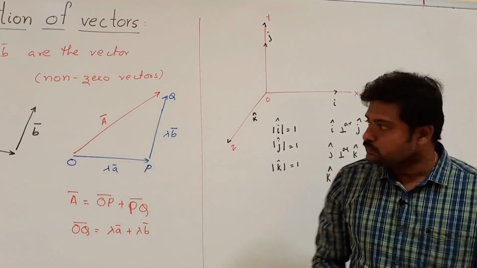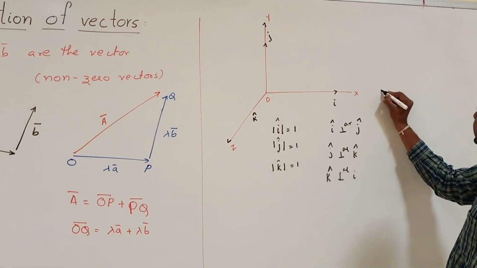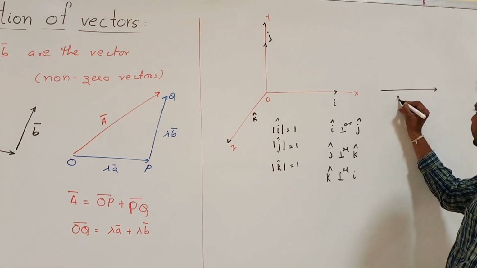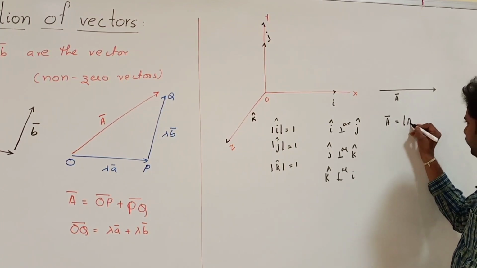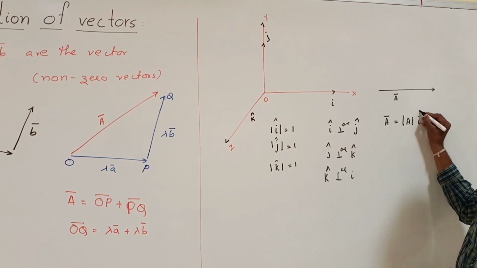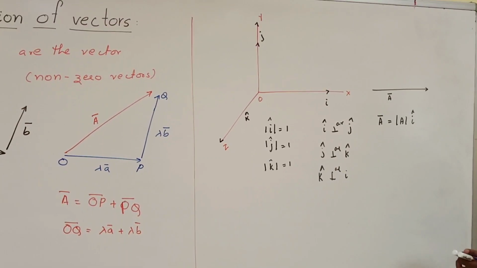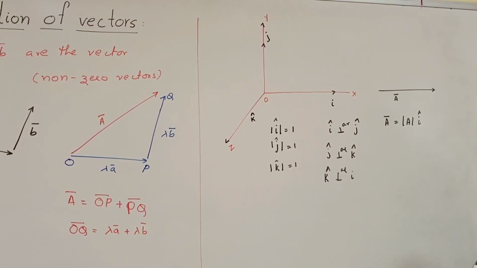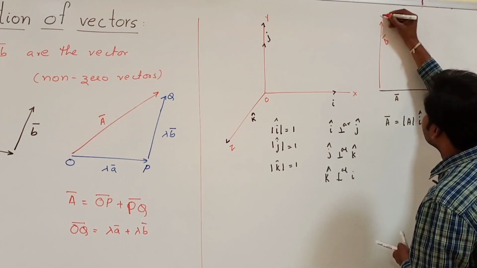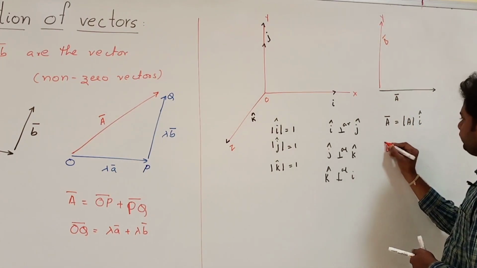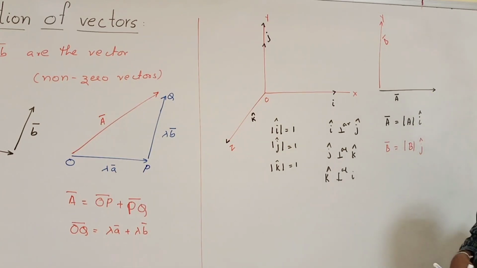Now, suppose a vector A is in the x direction. I write vector A as the magnitude of A pointing in the i vector direction, meaning the x direction. Suppose you want to represent another vector B exactly in the y direction. Now I write B vector equal to magnitude of B pointing in the j direction.